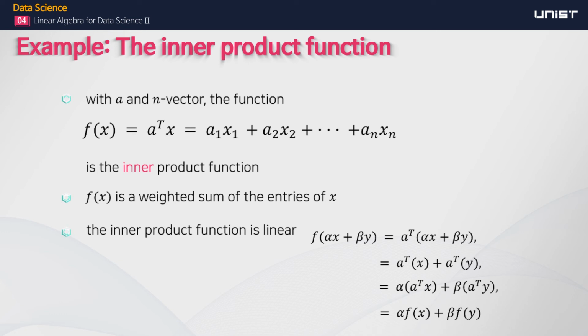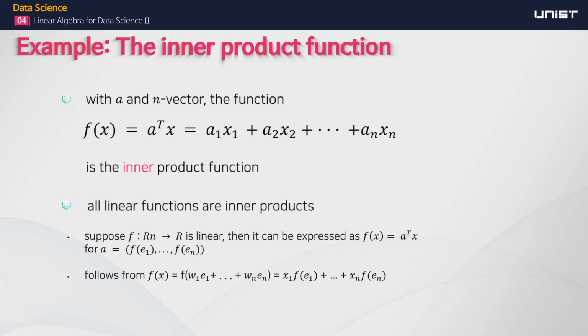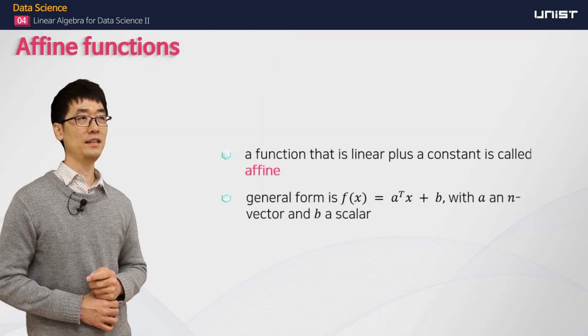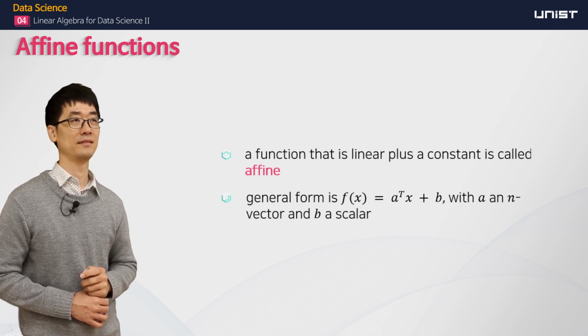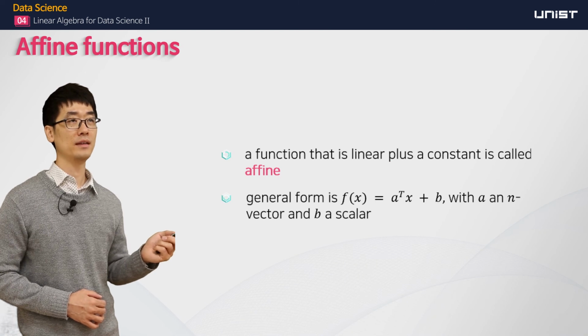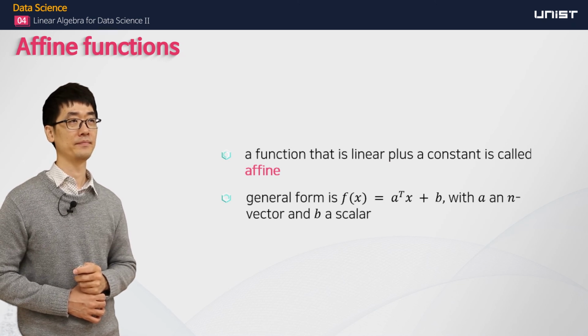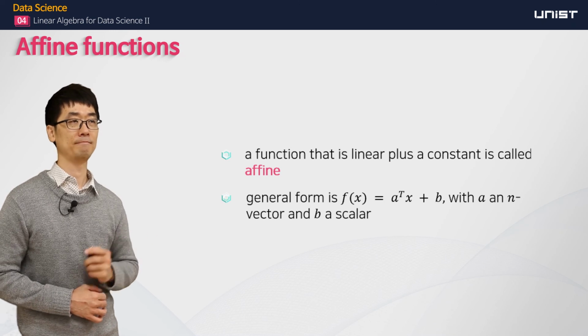Actually, its converse is also true. We can show that all linear functions are inner products. A function that is linear plus a constant is called affine. Its general form is f of x equal to a transpose x plus b, with an n vector a and a scalar b.